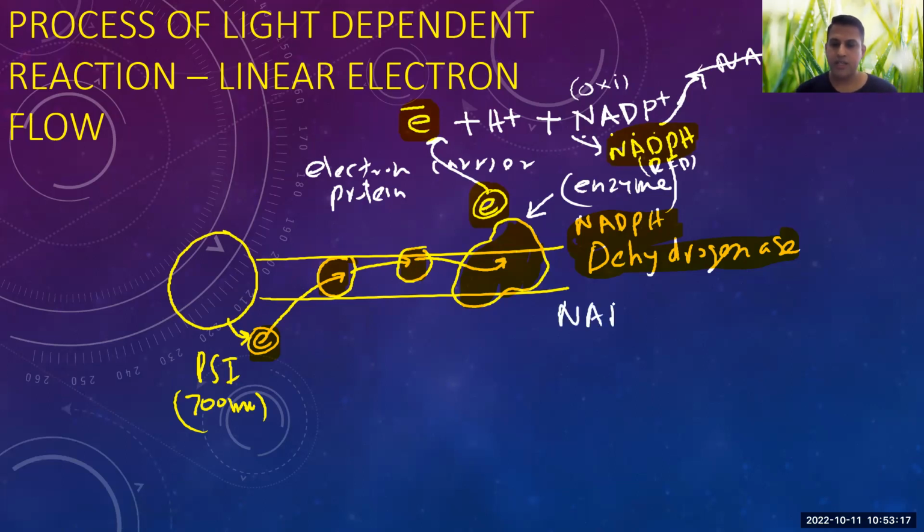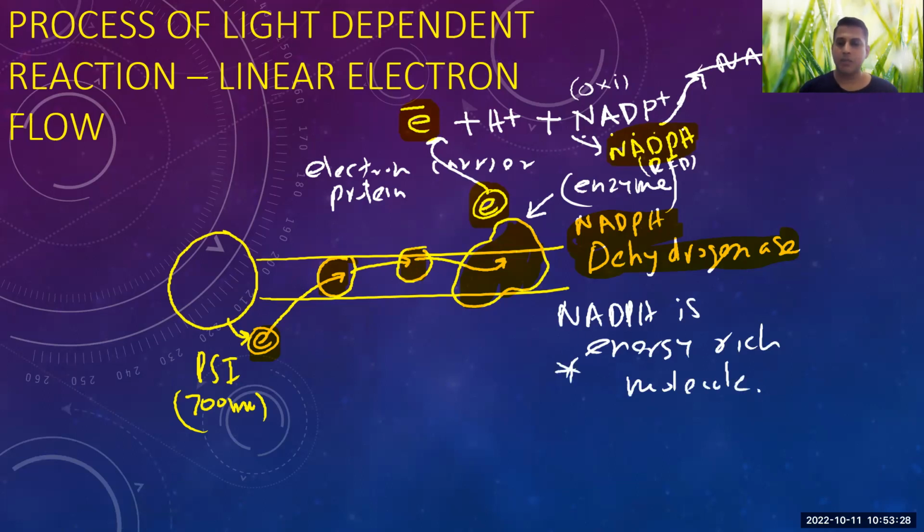So this is a product. We can consider NADPH a product of the light dependent reaction. It produces oxygen, and it produces NADPH.